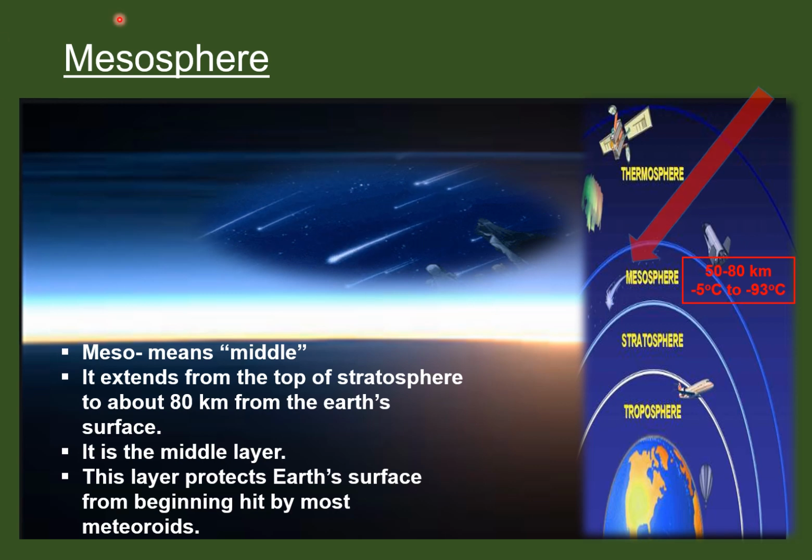Meso means middle. So the mesosphere is the middle layer of the atmosphere. This layer protects Earth's surface from being hit by the meteoroids.